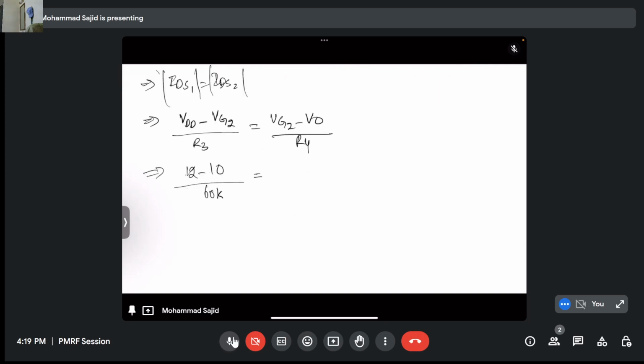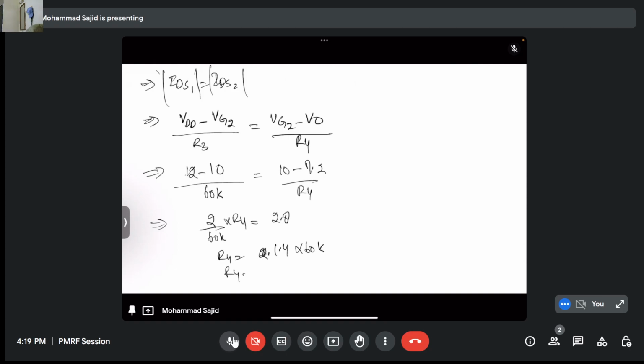60K, and then again this is 10 volt minus V0 is 7.2 over R4, right? That's 2 by 60K is equivalent to 2.8 over R4. So my R4 will be 1.4 into 60K, right?